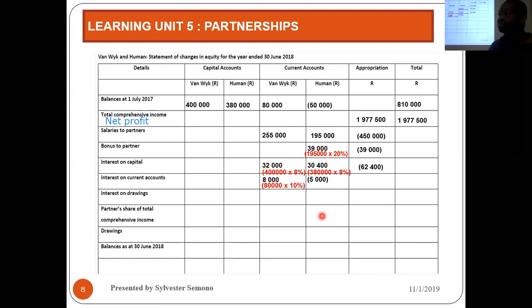This one we give him because we owe him. This means we owe Van Wyk 8,000, as I explained before. And then Human owes us how much? 5,000. So the difference is owed. That's why you're going to have a minus under what? Appropriation.